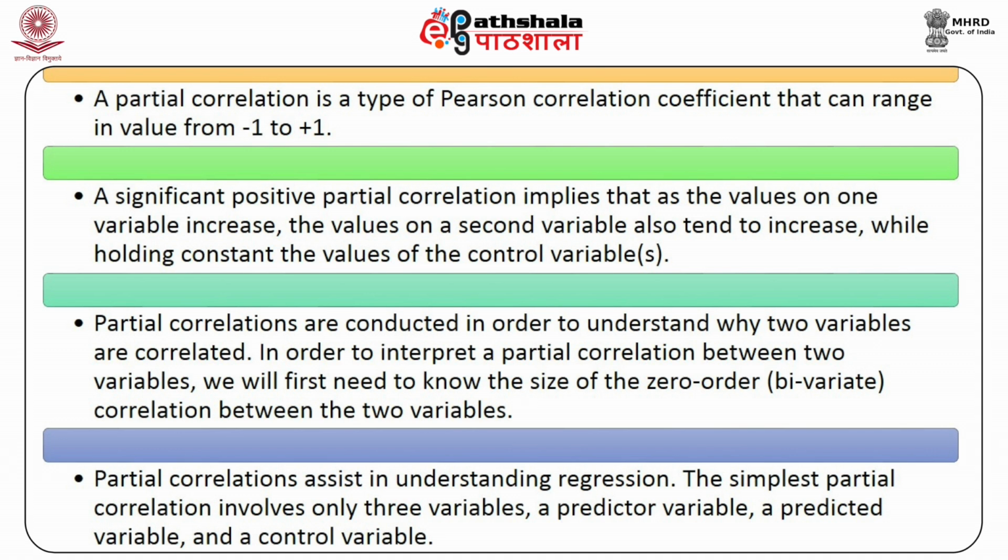Partial correlations are conducted in order to understand why two variables are correlated. In order to interpret a partial correlation between two variables, we will first need to know the size of the zero order, that is bivariate, correlation between the two variables.